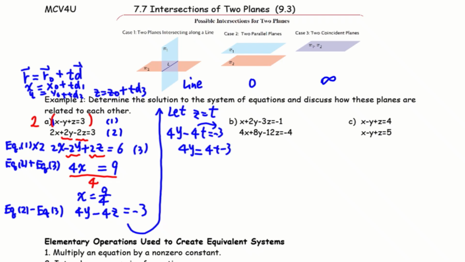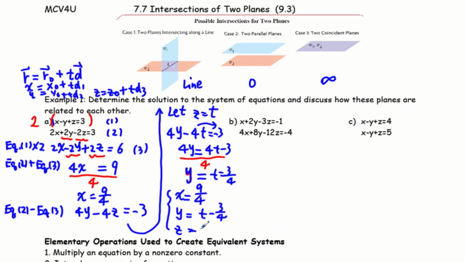Move the 4 to the other side, then we have y equals 1t minus 3 over 4. Then we put all of them together. We have x equals 9 over 4, y equals t minus 3 over 4, and z equals t, where t belongs to all the real numbers. This is our parametric equation for a line.